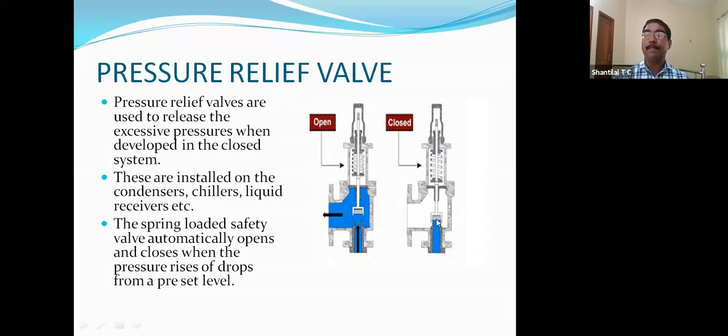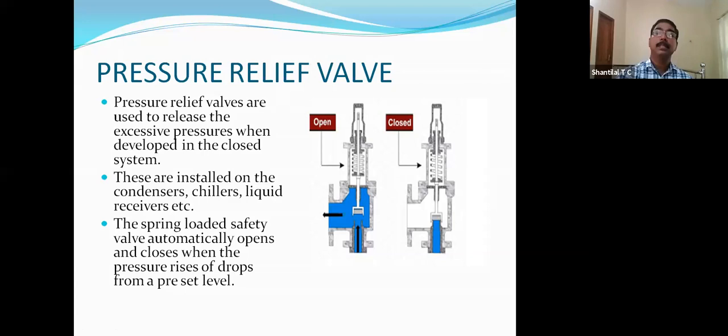When pressure increases beyond the limit, the spring will contract and the disc moves upwards and opens the valve, and excess pressure goes outside or is taken to the suction side to prevent the loss of gas. This is the working of the pressure relief valve. Generally, it is located on the discharge line, water cooled condenser head or liquid receiver head.